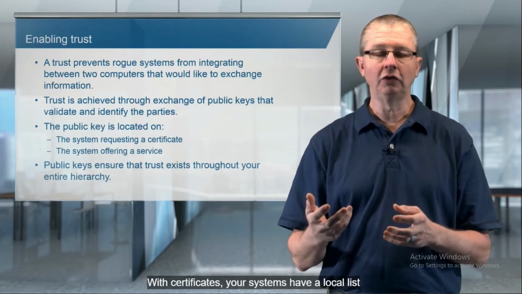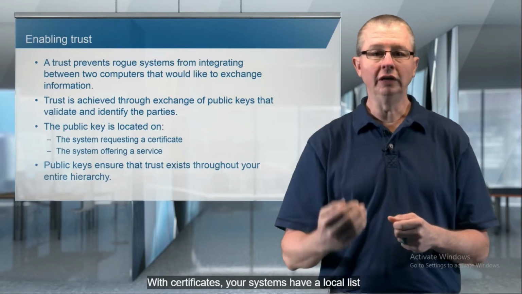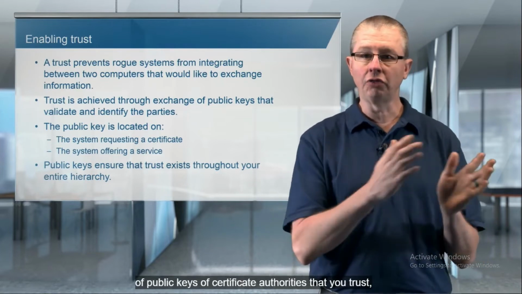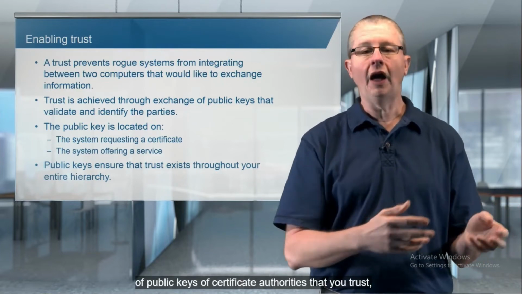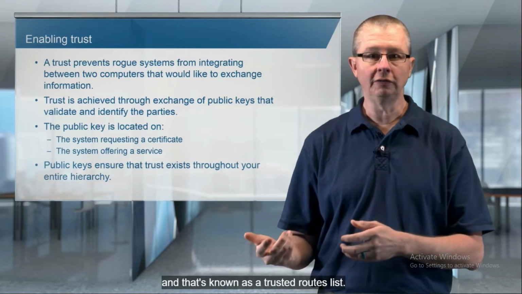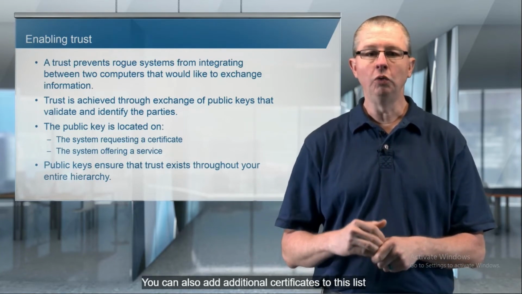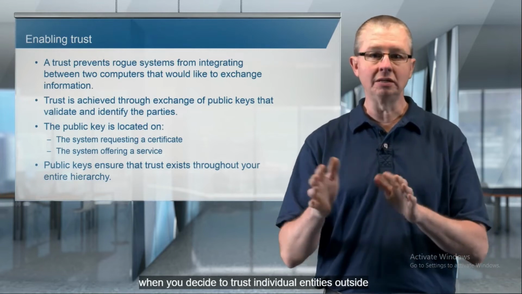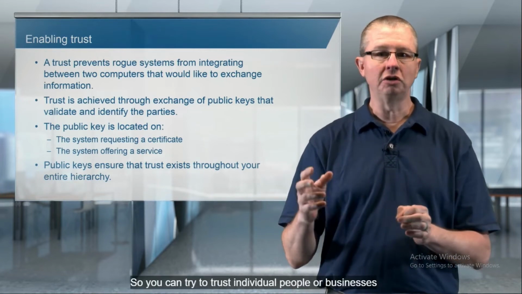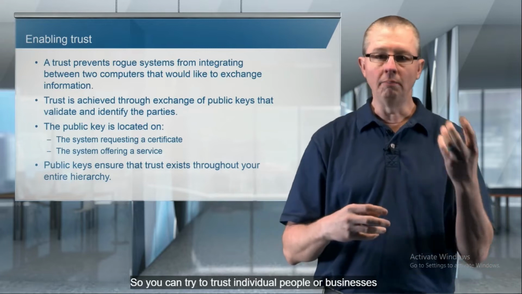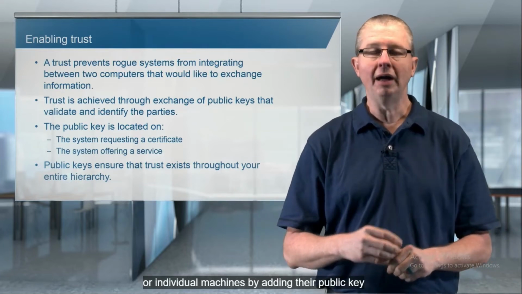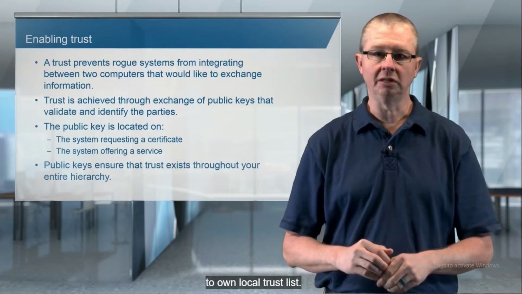With certificates, your systems have a local list of public keys of certificate authorities that you trust, and that's known as the Trusted Roots list. You can also add additional certificates to this list when you decide to trust individual entities outside of that. So you can trust individual people or businesses or individual machines by adding their public key to your own local trust list.